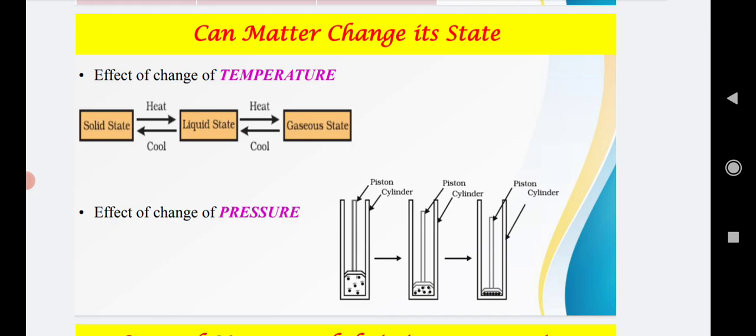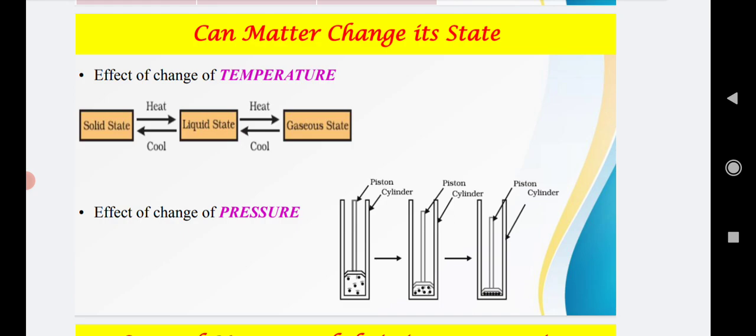When you decrease the temperature, gases will get converted to liquid, and when you decrease it further, it will get converted to solid. In a similar fashion, when you apply pressure on gases, they will get converted into liquid. Further, if you increase the pressure, it will get converted to solid. Take LPG, which is called liquefied petroleum gas. Why is it called liquefied petroleum gas? Because the gas is compressed so that it is converted to liquid.